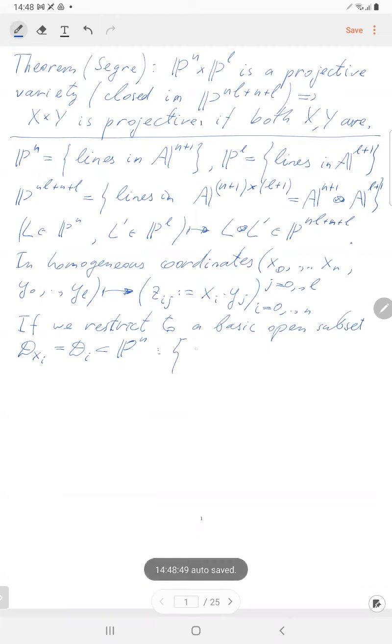So x0 and so on, then xi is equal to 1, and so on, then xn.